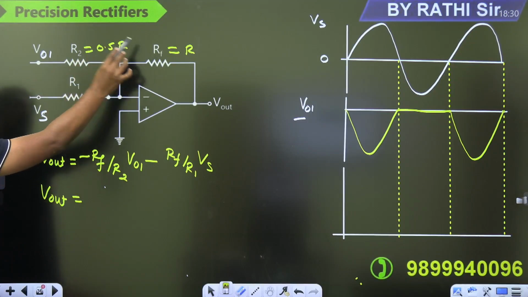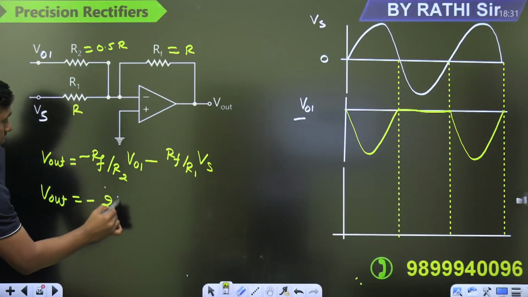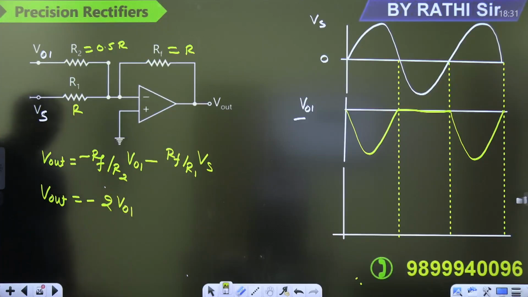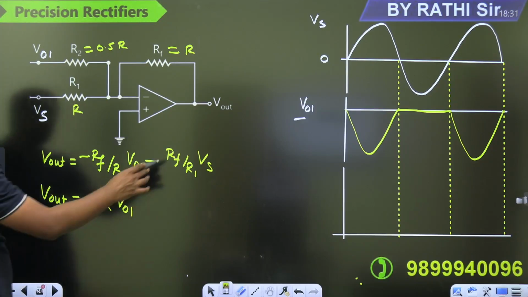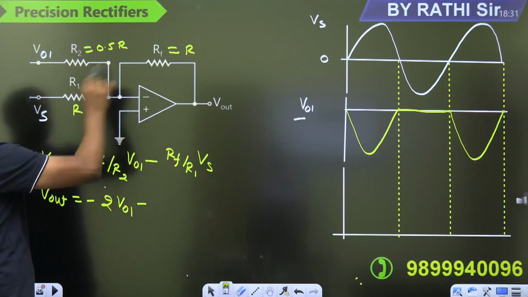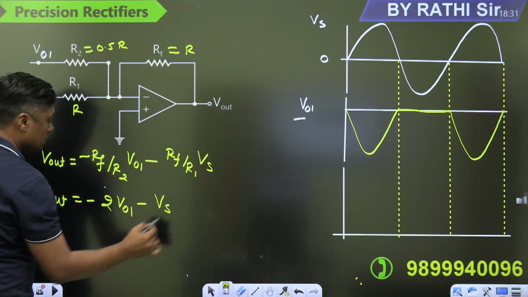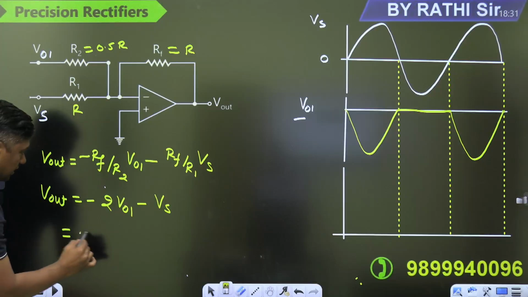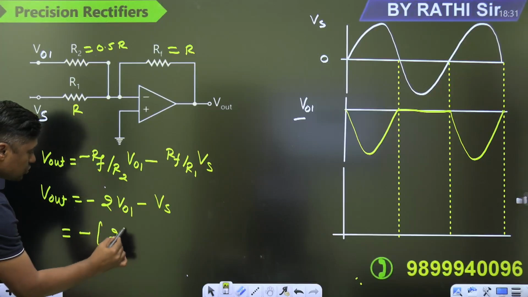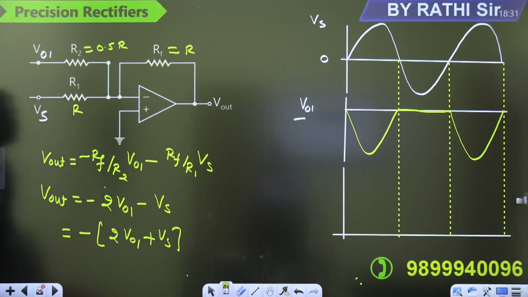This is R divided by 0.5 R, it will become 2 V01. And this is minus R by R, it will become Vs. So you can write it is nothing but minus 2 times V01 plus Vs. Okay, that is the answer.